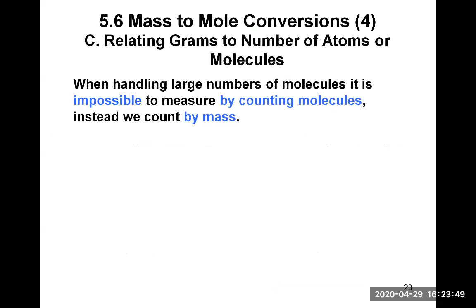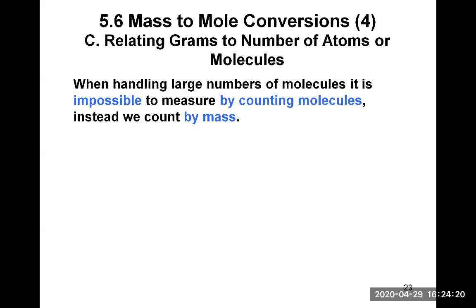So we'll add another conversion to this because we will need to sometimes go all the way to molecules or particles. When handling large numbers of molecules, it is impossible to measure by counting molecules. So instead, we count by mass, right? When you are in a lab, you're not able to count the number of molecules or the number of moles.